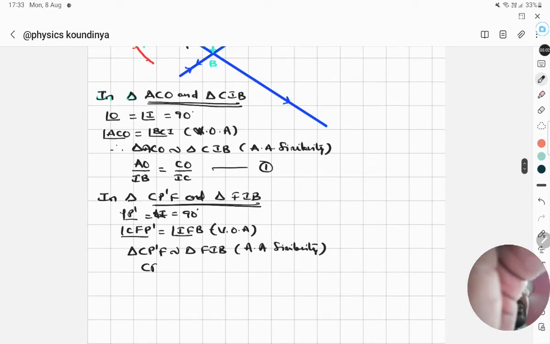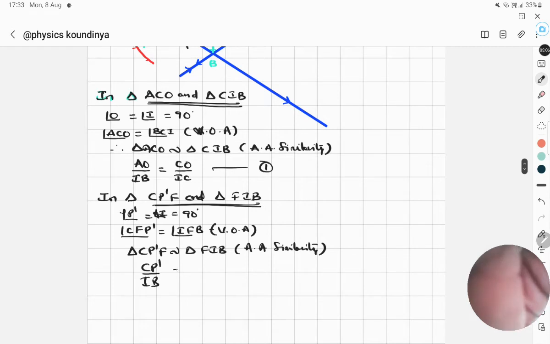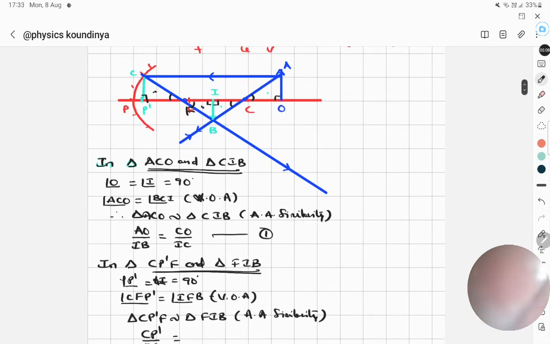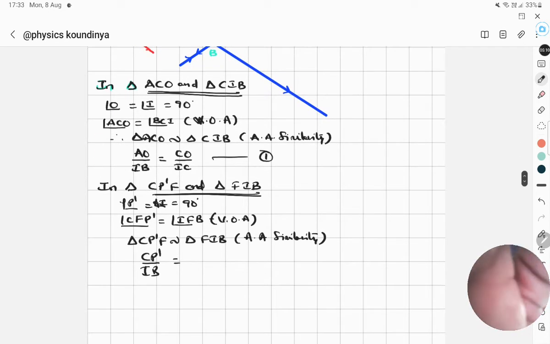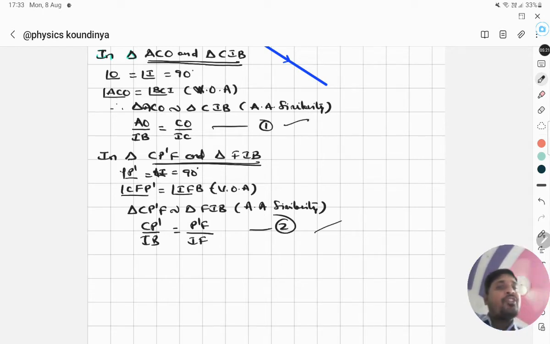CP dash over IB is equal to P dash F over IF. This is our equation 2. Now compare equation number 1 and equation number 2.